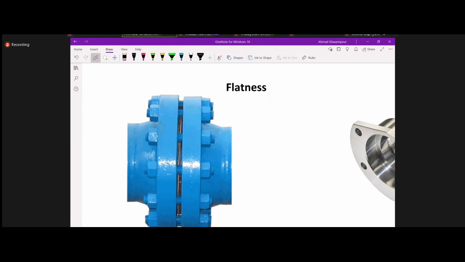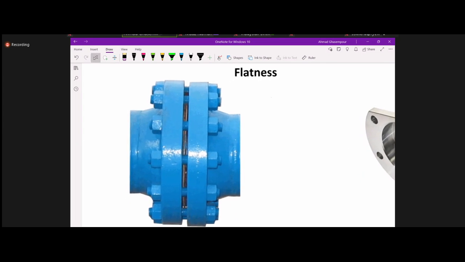You can see in the picture, one is when you have sealing surfaces. So if I have two pipes with flanges and there's a gasket in between them and you want to have a sealed connection, flatness becomes important, because if the surfaces are not flat enough, you might not be able to get a seal out of the connection. This becomes especially more problematic if you're dealing with gases rather than liquids, right?